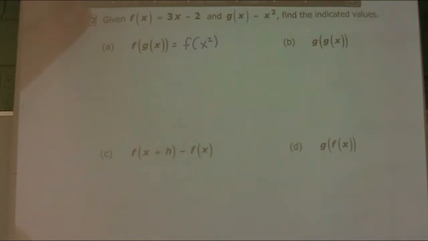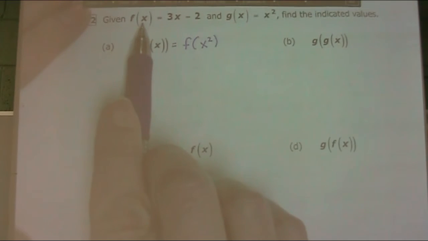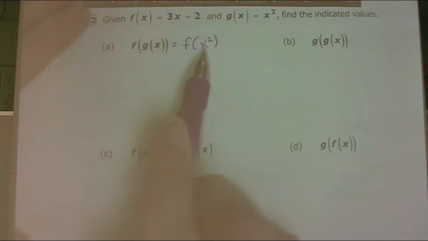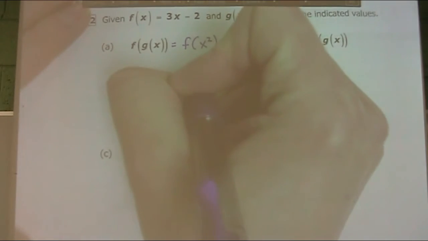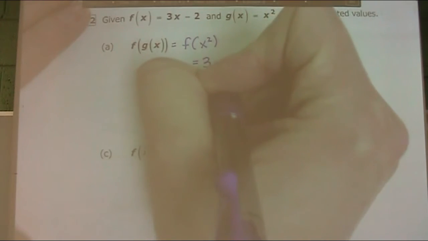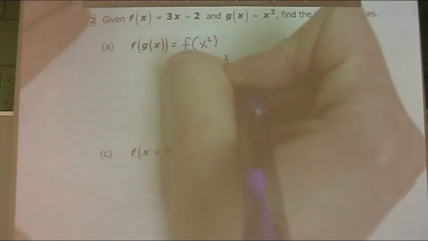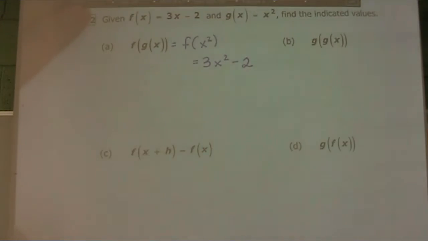So here's what I'm going to do. Replace g of x with x squared. So this is f of x squared. All this means that I'm going to do is everywhere that there is an x, I'm going to replace it with an x squared. So this is 3 times x squared minus 2.